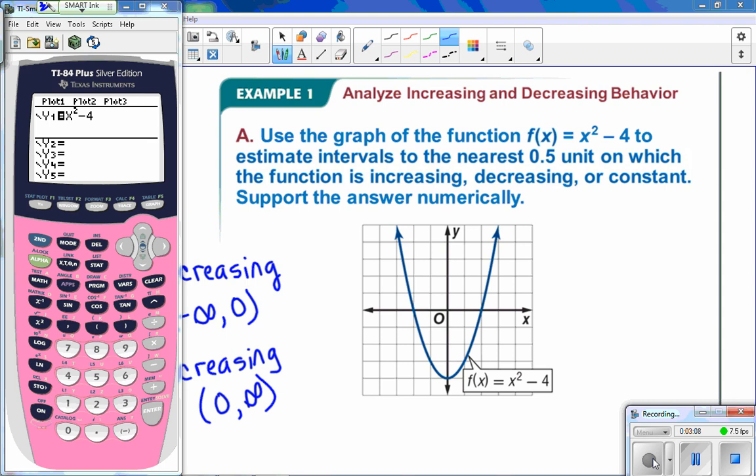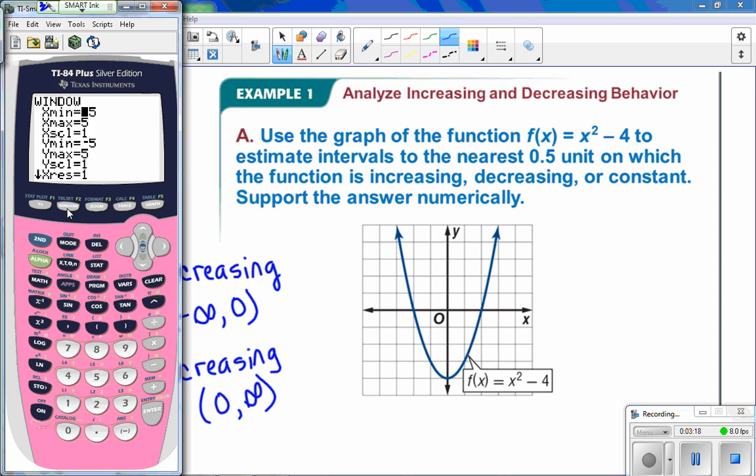To support our answer numerically, take your calculator and type in your function, x squared minus 4, and I'm going to adjust my window the same way that my window is adjusted on the problem. It looks like it goes from negative 5 to 5 in the x direction and from negative 5 to 5 in the y direction. So if I actually graph this, then I can see I get the same picture that I have displayed on the PowerPoint.